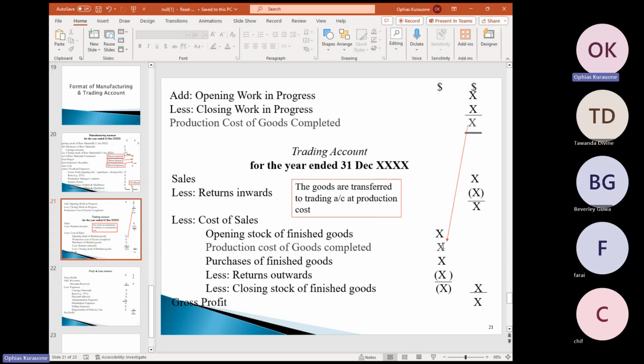So make sure that you prepare the manufacturing account first. Then purchases of finished goods. So our opening stock of finished goods is added to production cost of goods completed and purchases of finished goods, less return outwards, less closing stock of finished goods.